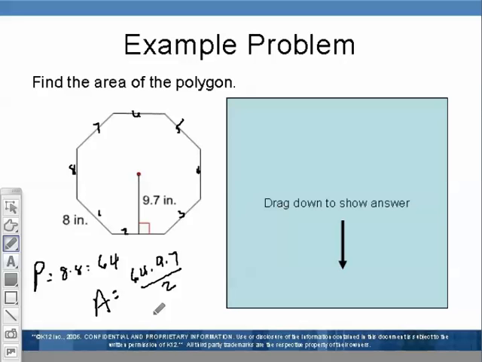I can't do that in my head because I'm not real good at my 9.7s. Those multiplication tables weren't ones that I actually memorized when I was a little kid. So I'm using a calculator, and I got 310.4 as the area. Since it was in inches, it would be inches squared.